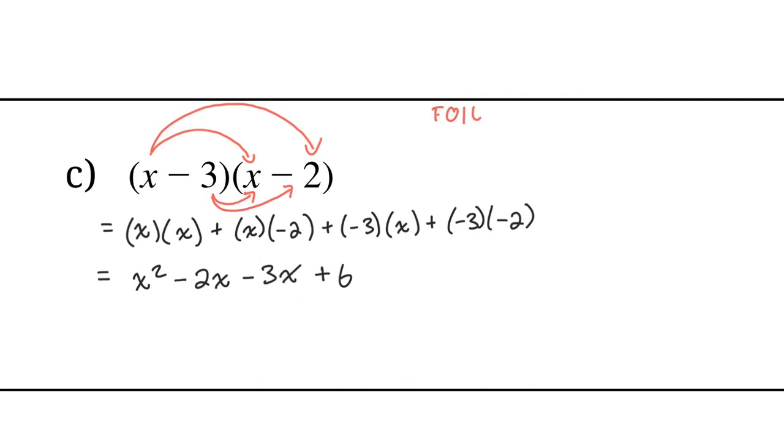So we're almost done here. We just need to collect our like terms in the middle. So x squared doesn't have like terms, so that's staying the same. But negative 2x minus 3x can be combined together, and that's just a negative 5x, so we can put minus 5x. And then don't forget about this plus 6 that we have at the end. So here we have our expanded expression of x minus 3 times x minus 2.